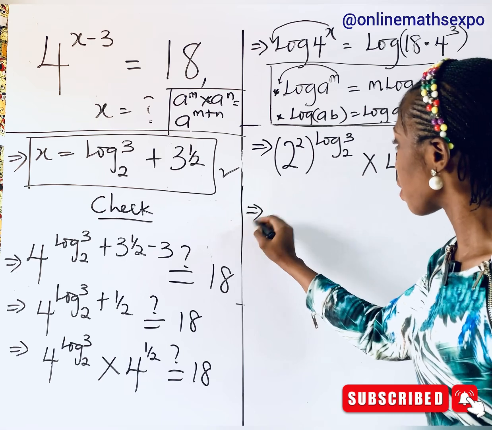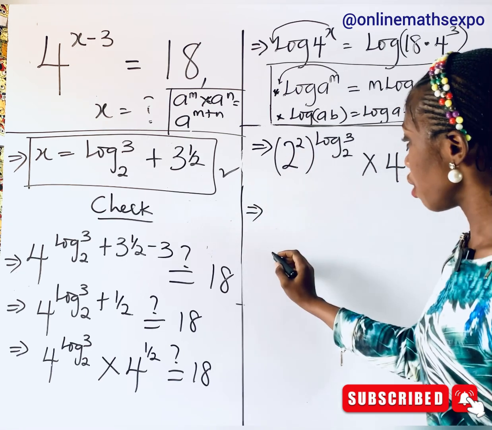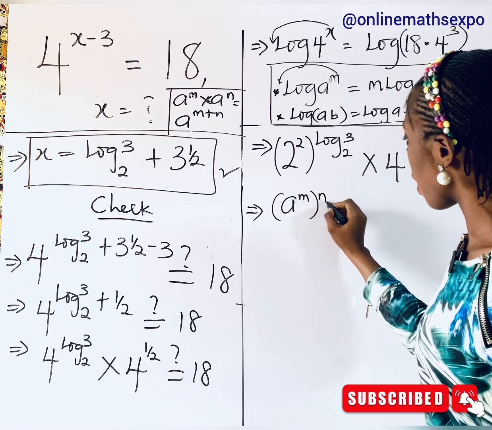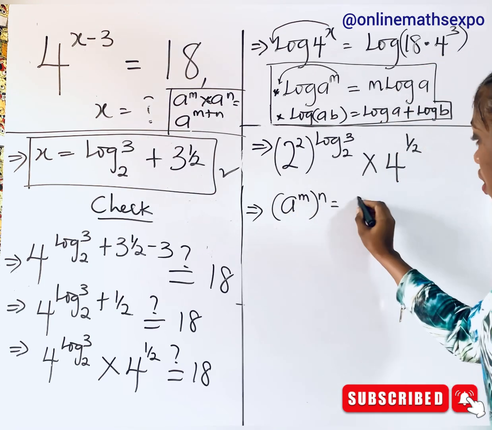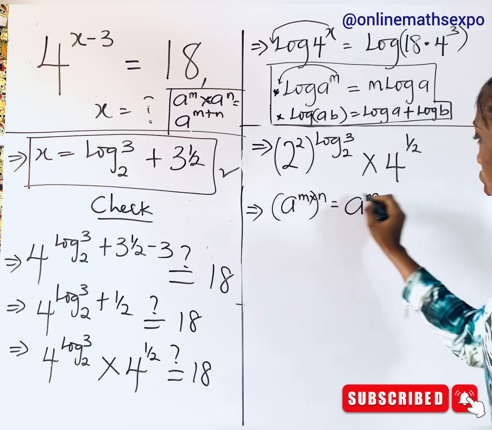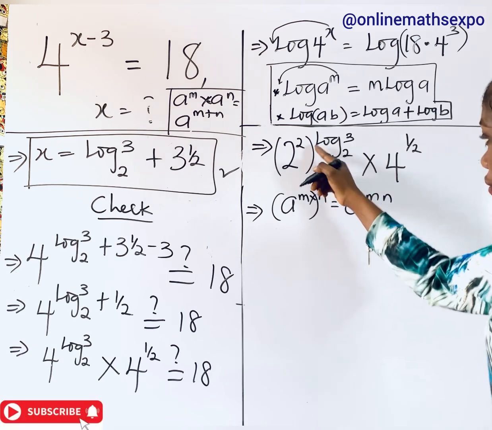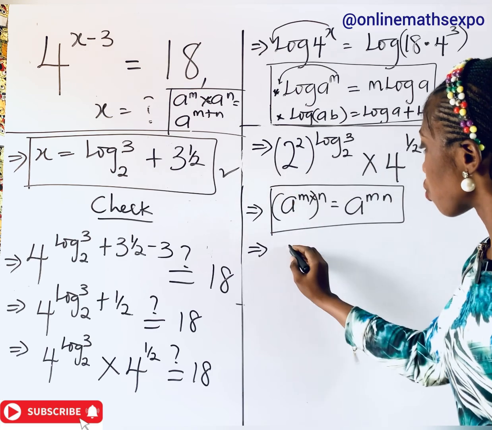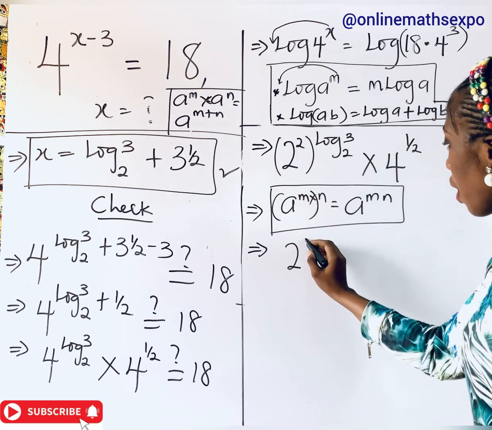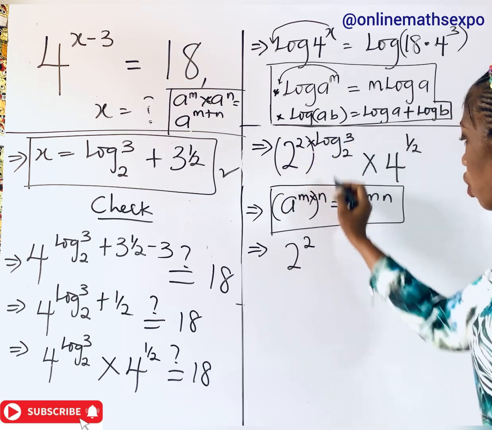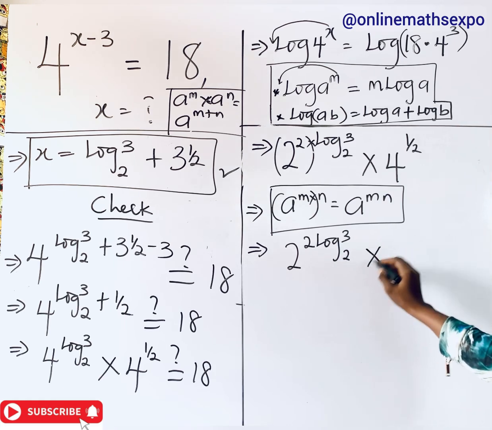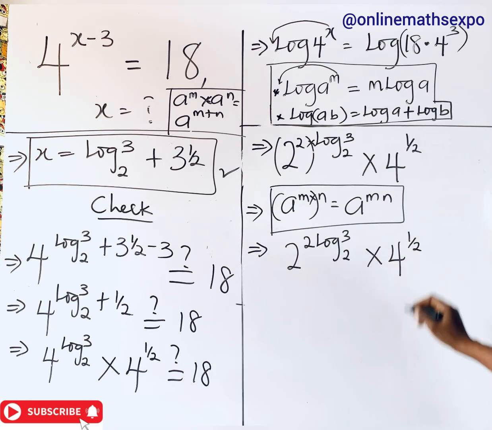Remember, if you have a raised to the power m, raised to the power of n, it means a raised to the power m times n. If you apply this here, you are going to have 2 raised to the power of 2 times log 3 base 2, then multiplied by 4 raised to the power half.